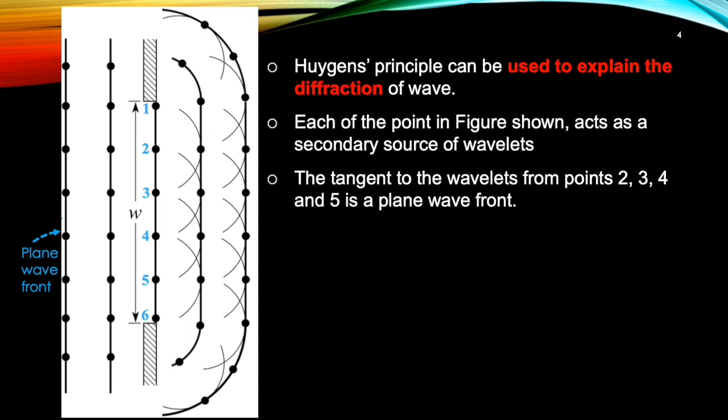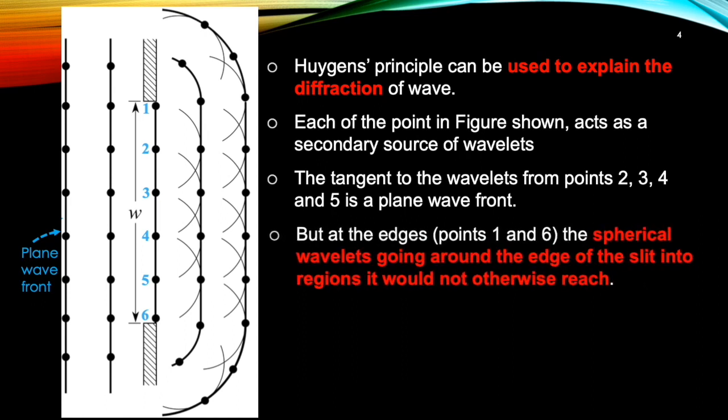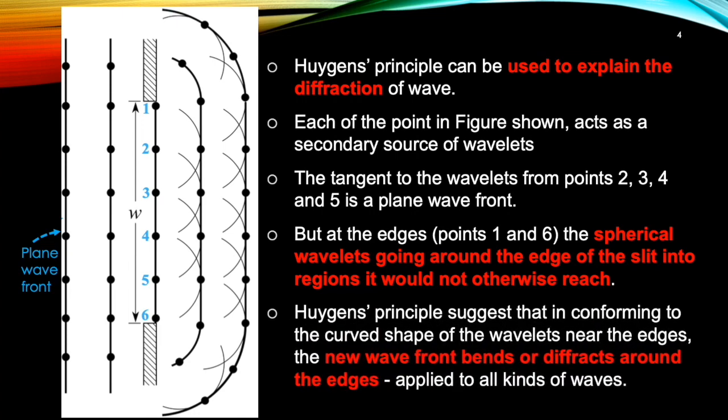But at the edges, points 1 and 6, the spherical wavelets go around the edge of the slit into regions they would not otherwise reach. Huygens principle suggests that, given the curved shape of the wavelets near the edges, the new wavefront bends or diffracts around the edges. This applies to all kinds of waves.